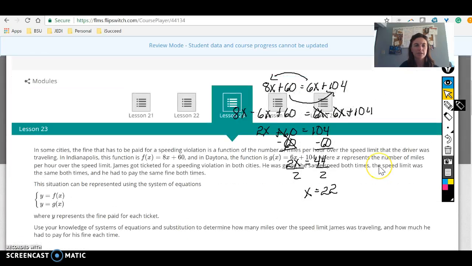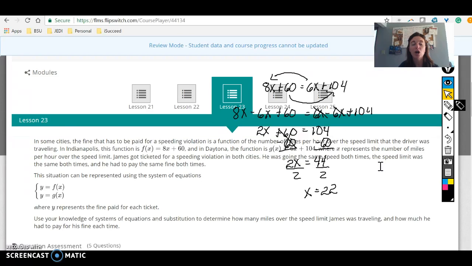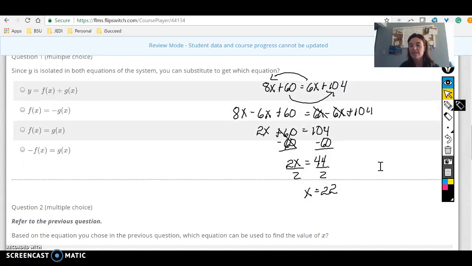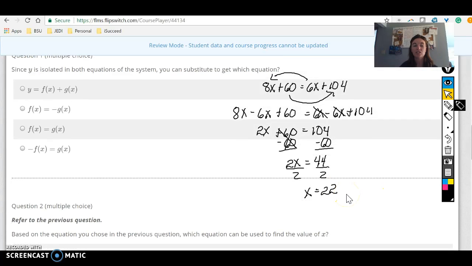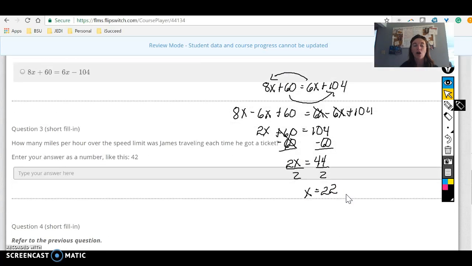I just go up here and remember what x is. X is the number of miles per hour over the speed limit. We don't know what the actual speed limit was, but we can figure out the number of miles per hour over. So he was going 22 miles per hour over the speed limit. And you would type in 22 right there.